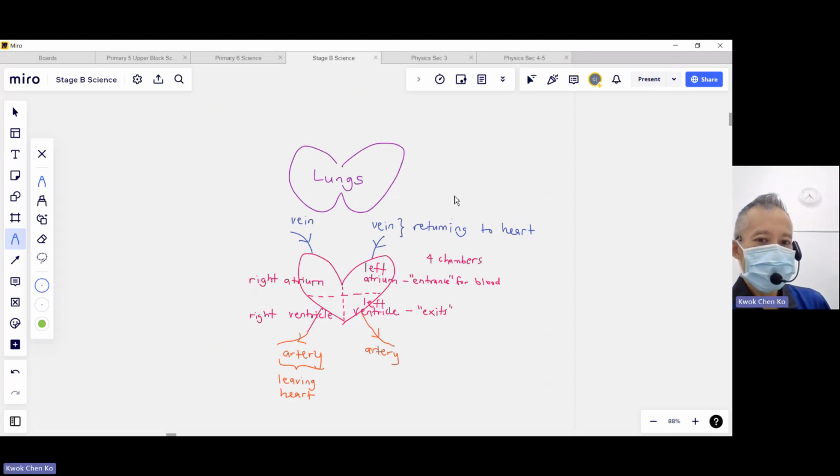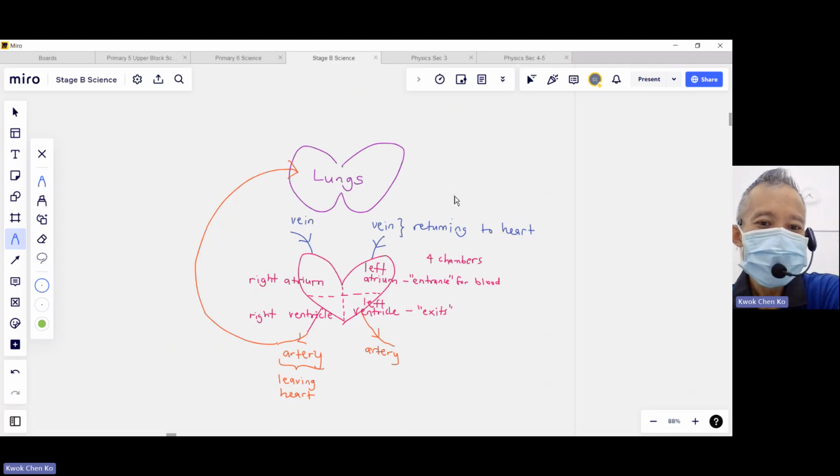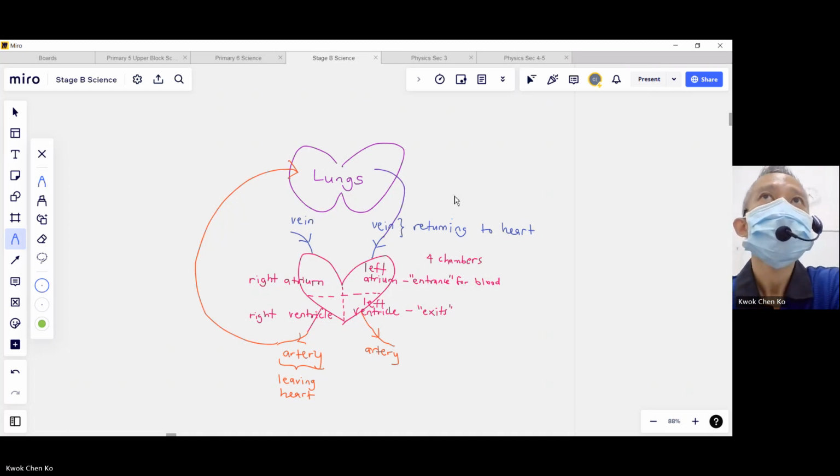And this branch here goes to your lungs. You have to remember exactly which branch, the left one or the right one. And from here, it returns back to the heart. So don't mess up your left and right. They'll definitely ask something like this.